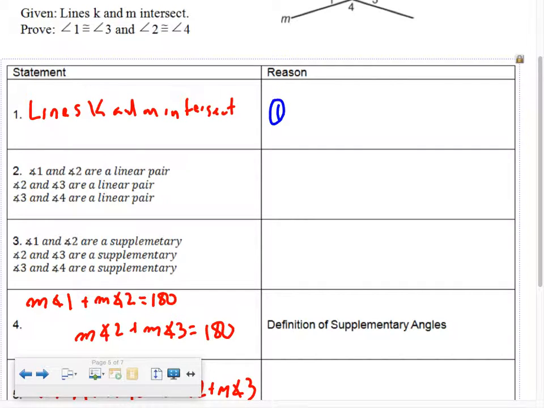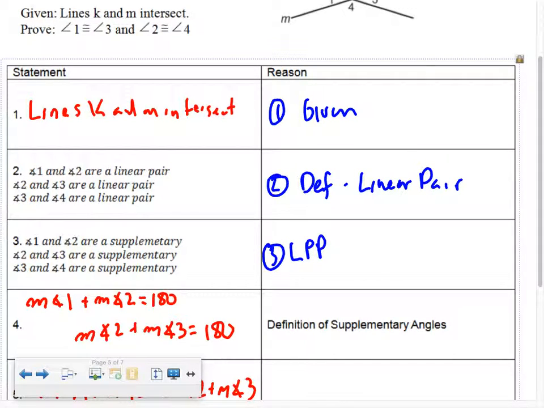All right, so reason number 1, that's given to us. Number 2, where it states that angles 1 and 2, 2 and 3, 3 and 4 are linear pairs. That's the definition of a linear pair. And then line 3 is the linear pair postulate.